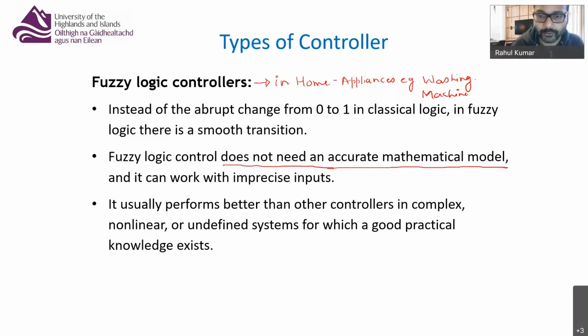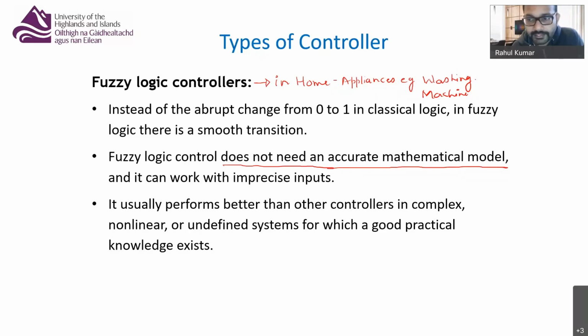If you have 10 clothes, maybe you have to increase the time of washing, right? Maybe if you wash for 1 hour, all the 10 clothes will be washed off. So like that, you have a set of data. Based on that set of data, you can design a controller for washing machine using fuzzy logic controller, right?